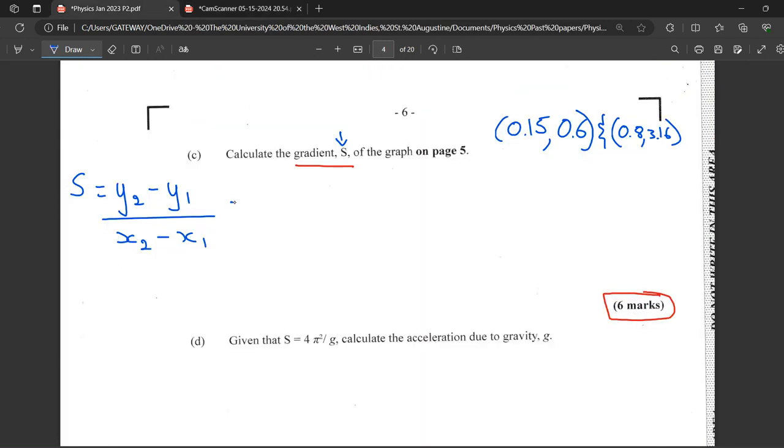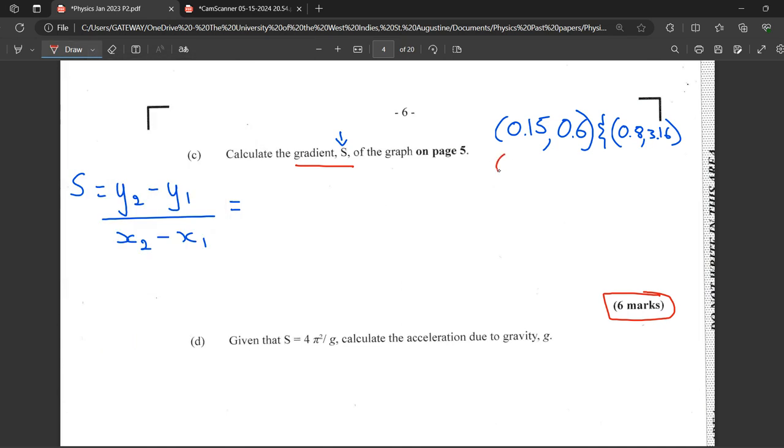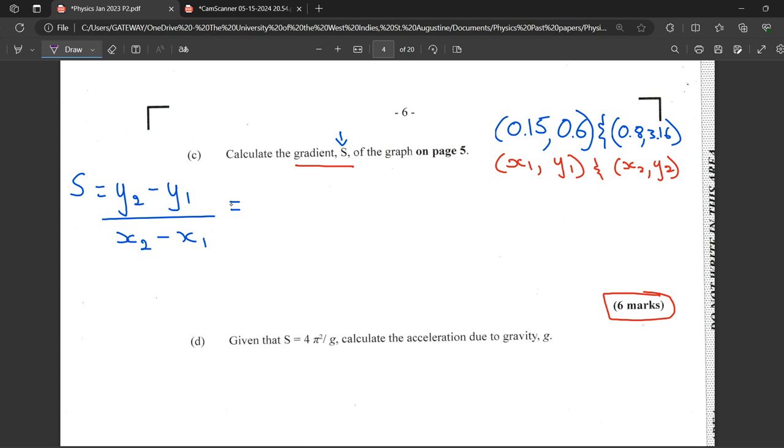So now we can just plug in these values. You want to put the first point as x1, y1, and the second point as x2, y2. This is how I like to do it. Then you make a substitution. Instead of y2, you replace that with the number 3.16, minus y1, which is 0.6.